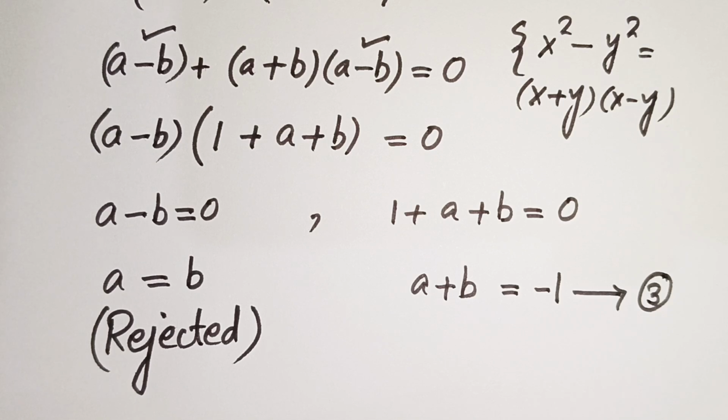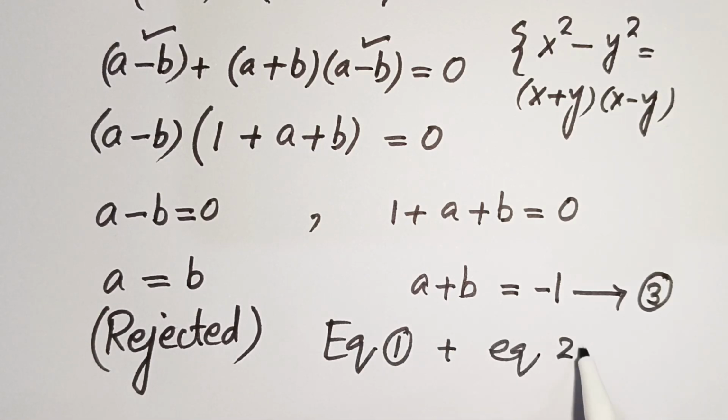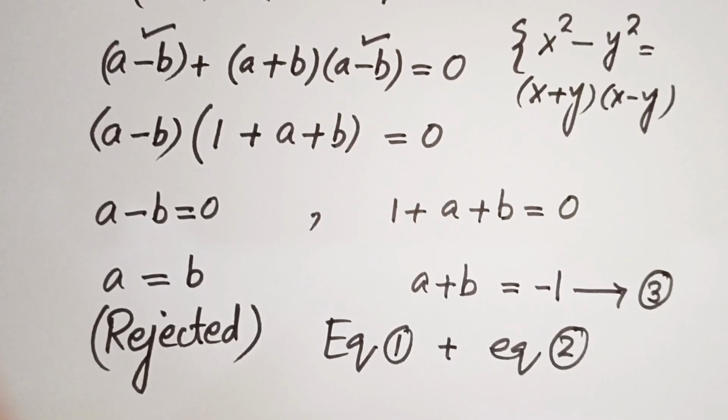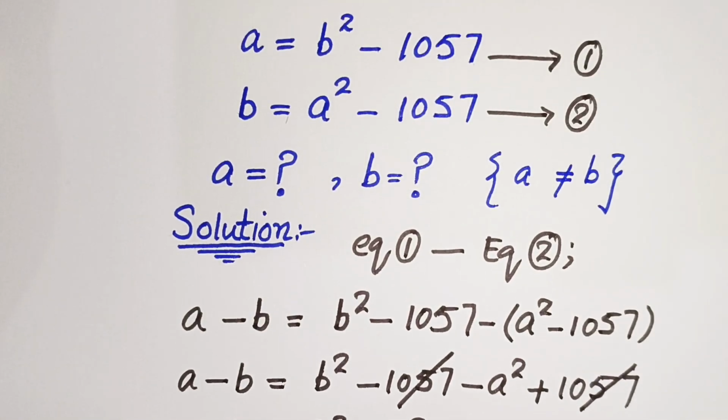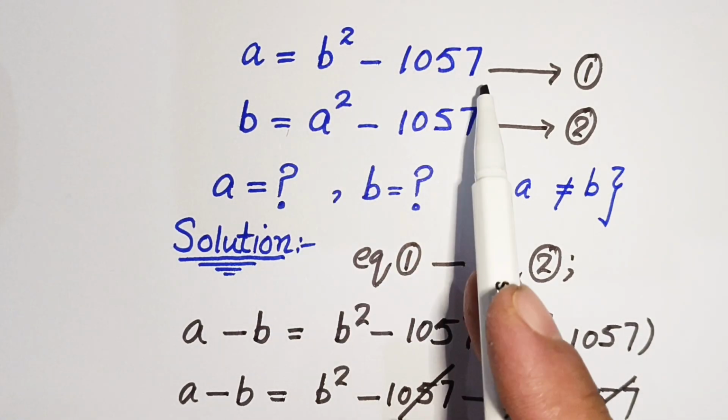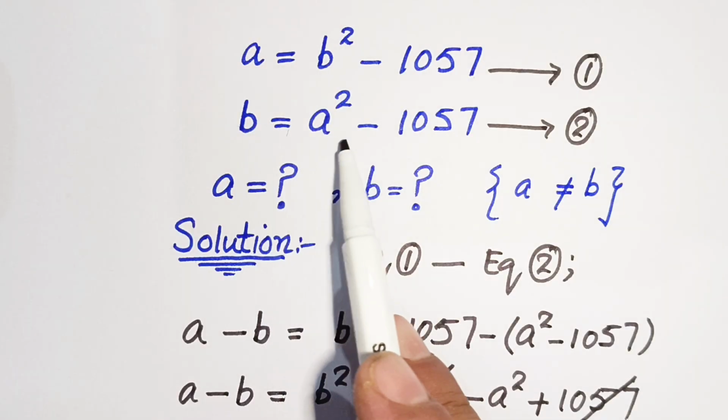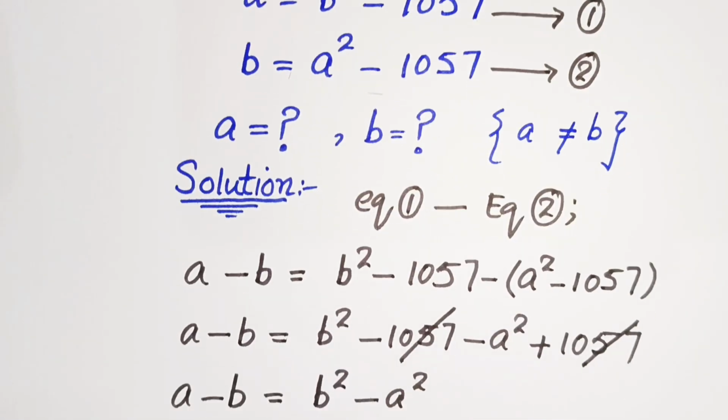Now we add equation 1 and equation 2. Equation 1 is a is equal to b squared minus 1057, and equation 2 is b is equal to a squared minus 1057.